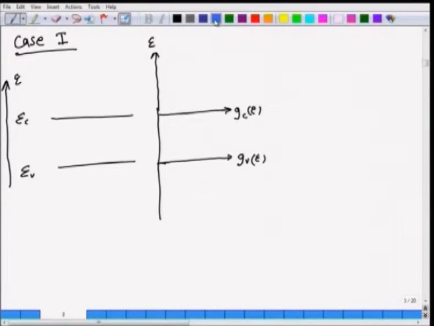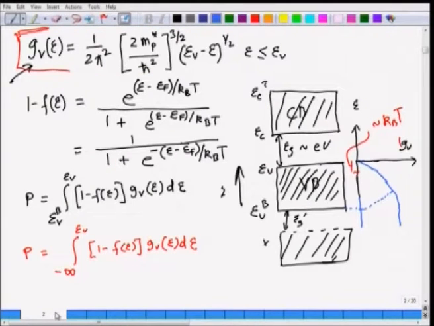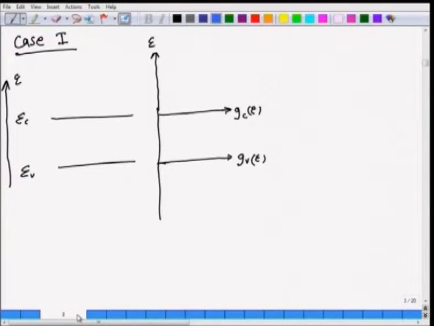I have already plotted them on the previous slide. I will reproduce this solid blue curve, disregarding the dotted portion, and I will justify why the solid blue curve was fine. Similarly for G_V, I am going to plot this solid blue curve here for the same reason.